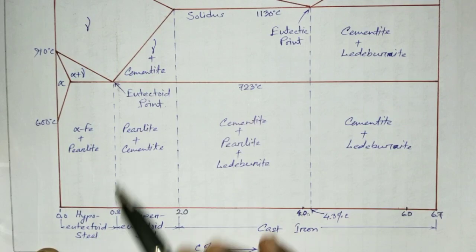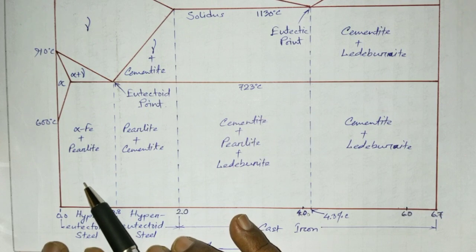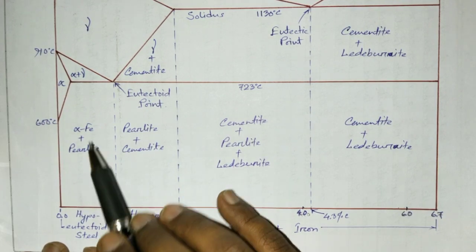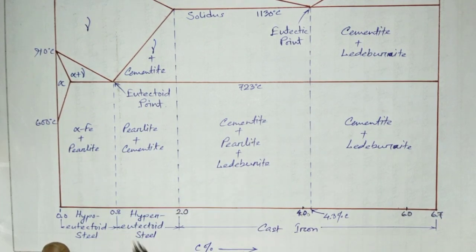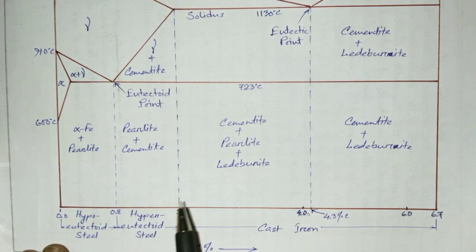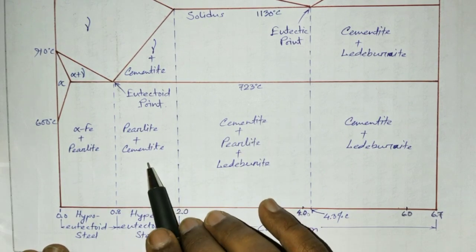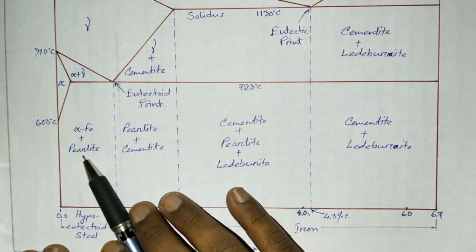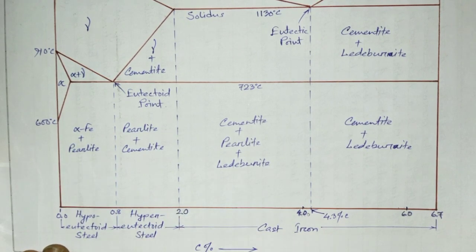This steel generally consists of ferrite and pearlite, but as the percentage of carbon increases from 0.8 to 2%, we call it hypereutectoid steel, and in that case we find pearlite and cementite. This steel is much harder than hypoeutectoid steel.